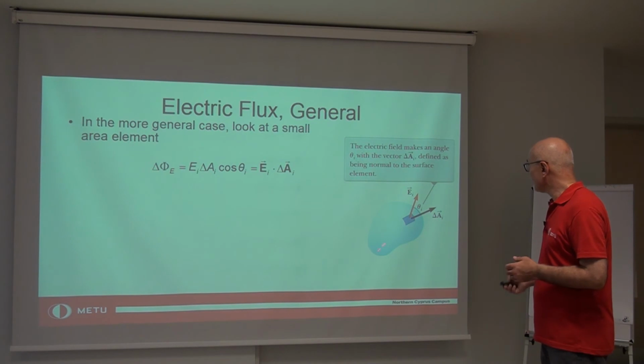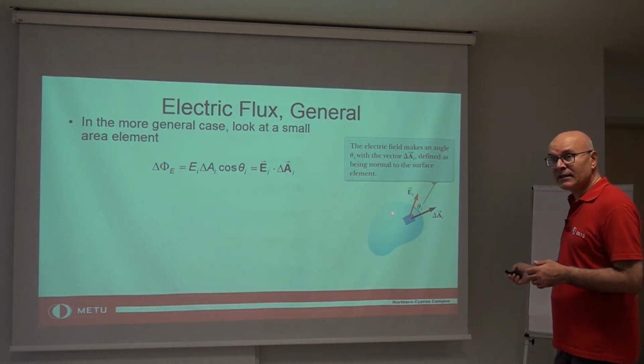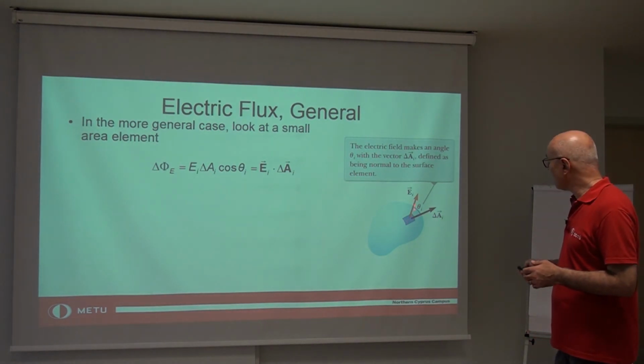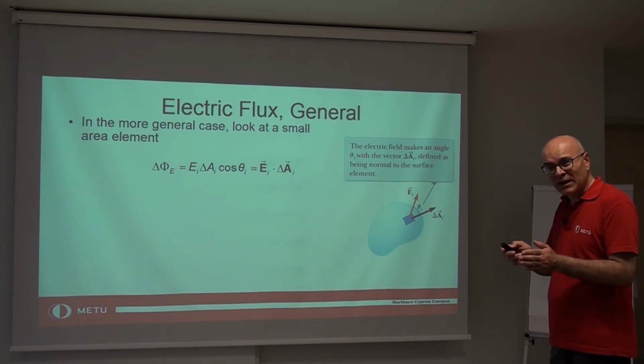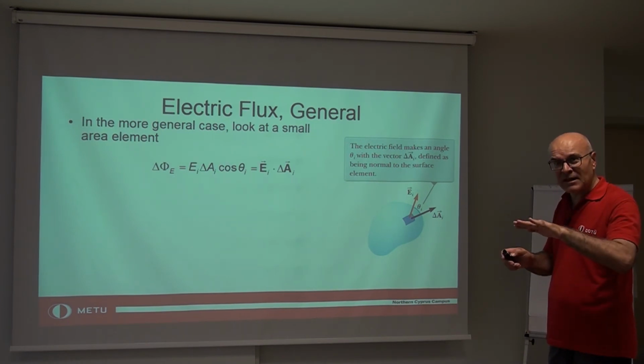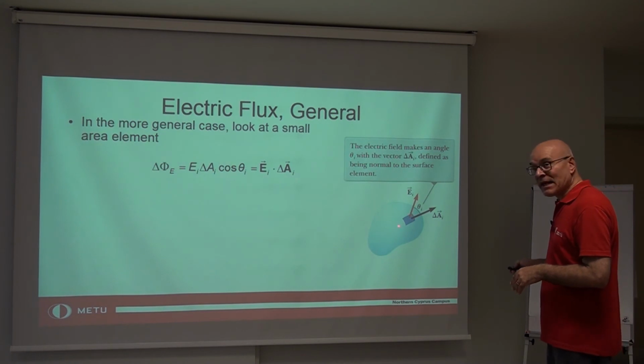This is another vector, E_i. Now theta_i here for the ith delta A_i is the angle between E_i and delta A_i. For each of these delta A_i's, I'm taking here the ith one, E is uniform. This is almost a plane, because when it's small enough, even if you have curvature, it is like a plane.